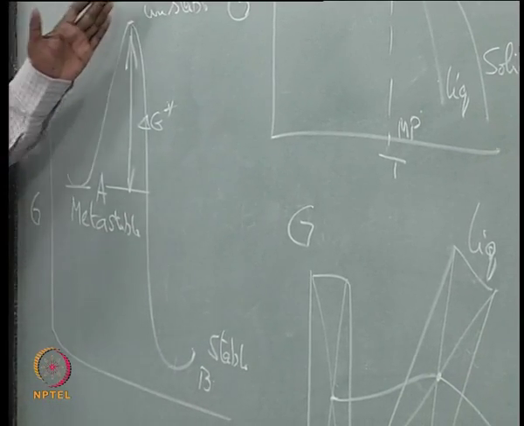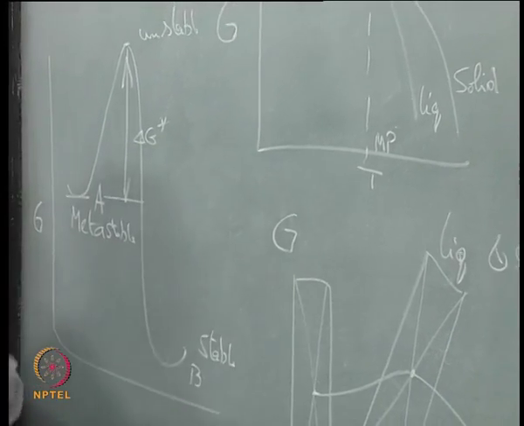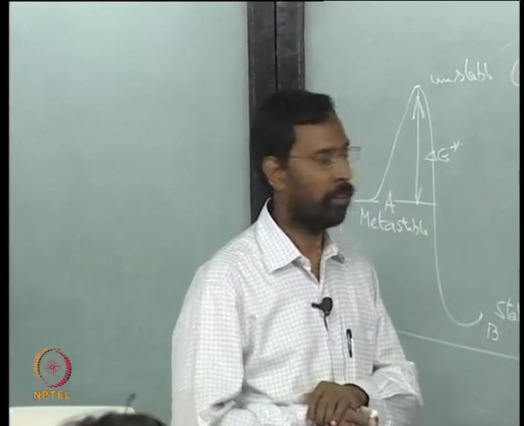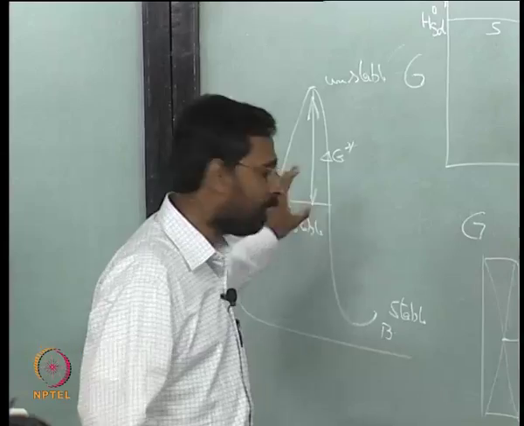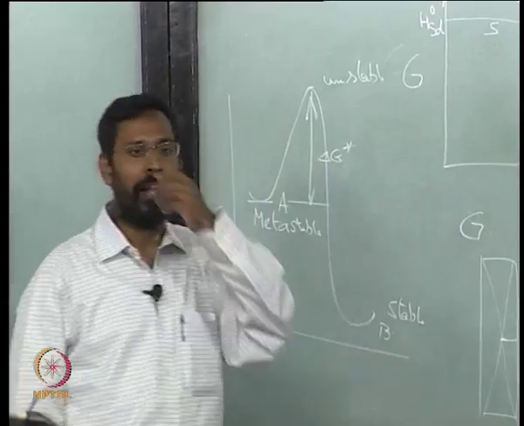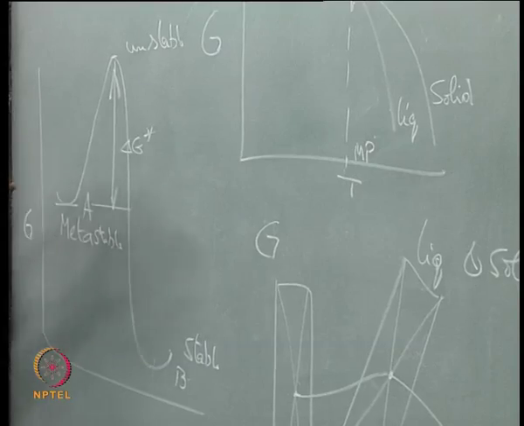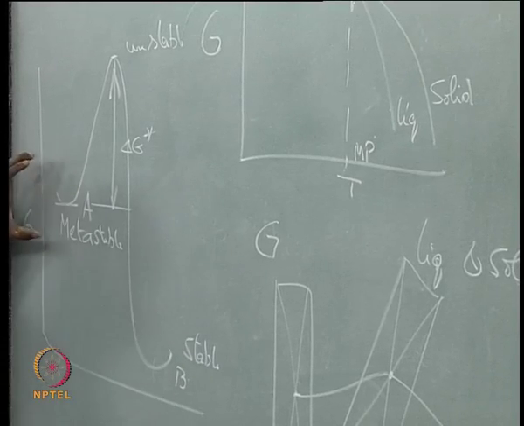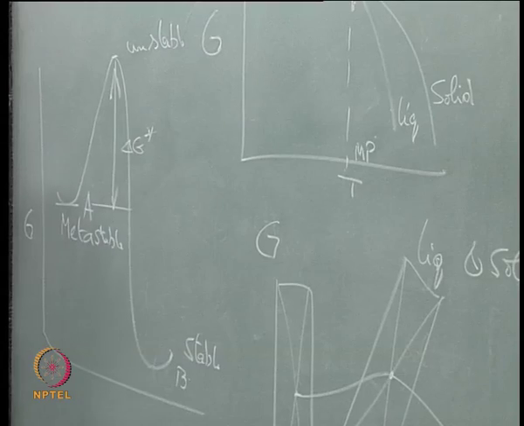So it can shift in either direction depending on which direction your force is. You can see that this is the difference between thermodynamics and kinetics. Thermodynamically we say that this is more stable, in principle this should become this, but it is not happening.